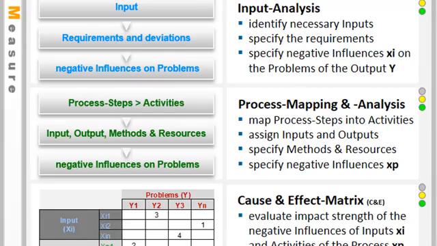For each activity, the guiding methods and executing resources should be specified. This live scenario serves as the background to identify all negative influences in the process on the problems. Please be very specific here, because the results of the input and process mapping analysis are the rational base for the statistical tests later in the analysis phase.